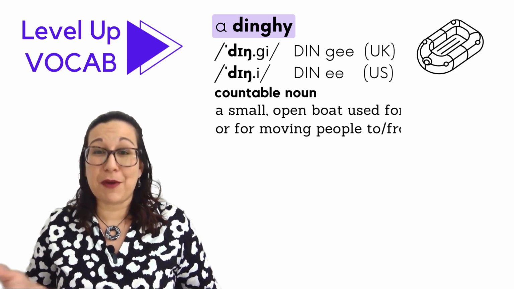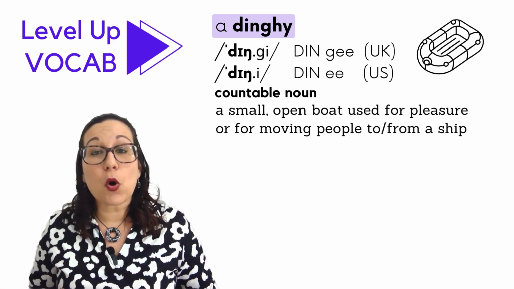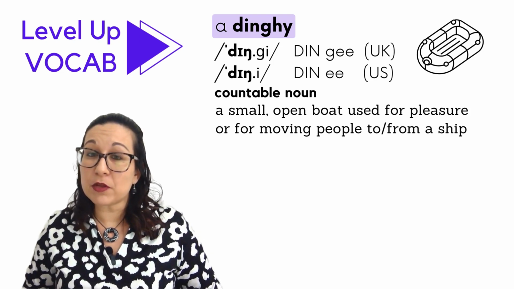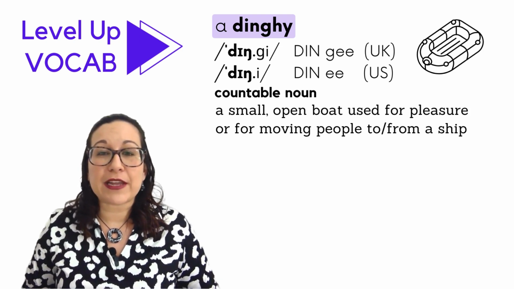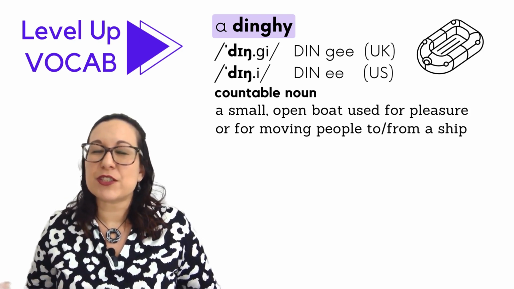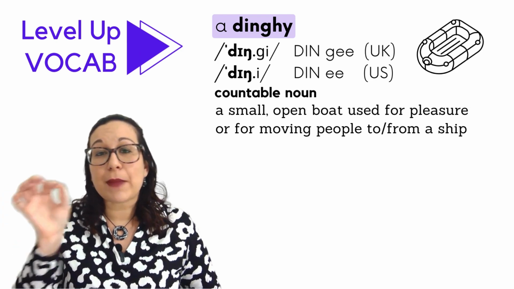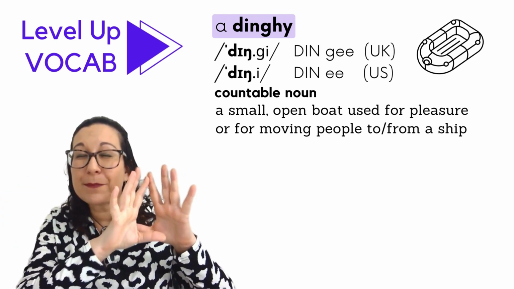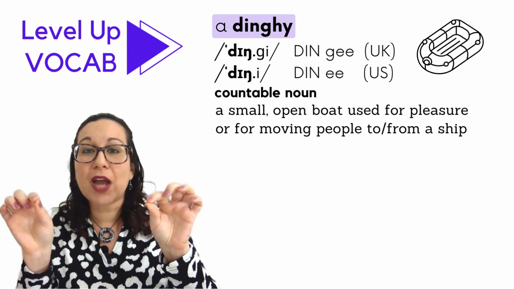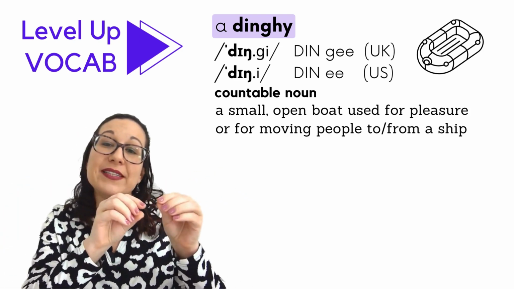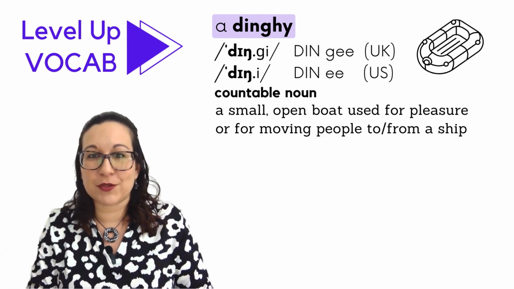Well, it's the boat that we're describing in the photo. So a boat that's really small, it could be inflatable, doesn't have to be. It's normally used for pleasure if you're out on a lake just boating around, or it could be used to transfer passengers from a great big ship. Maybe they're just going on a little excursion to an island and they'd get into a dinghy, go to the island, and then be transferred back to the boat.